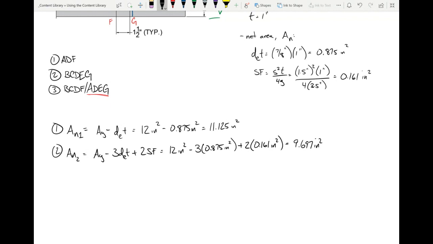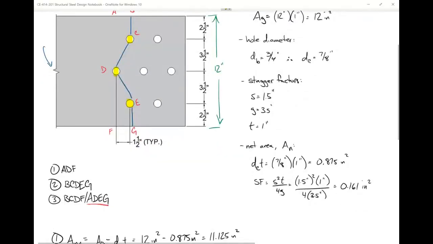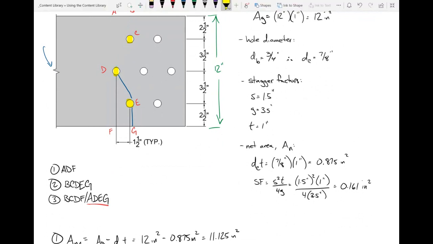Okay. Now, Mr. Romans asks, how do you know how many stagger factors there are? Look at the path. First off, let me erase this up here on the connection. Let's be clear. We're talking about this path right here, path BCDEG. So go to your connection and draw that out. What does BCDEG look like? It looks like that. That's the path, right?